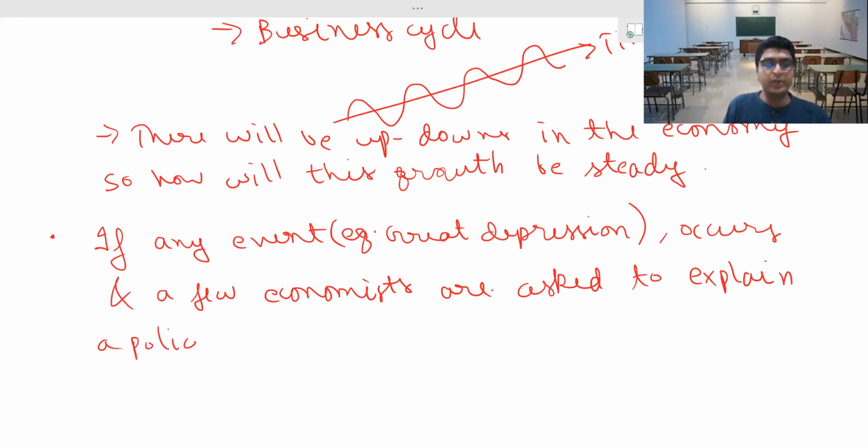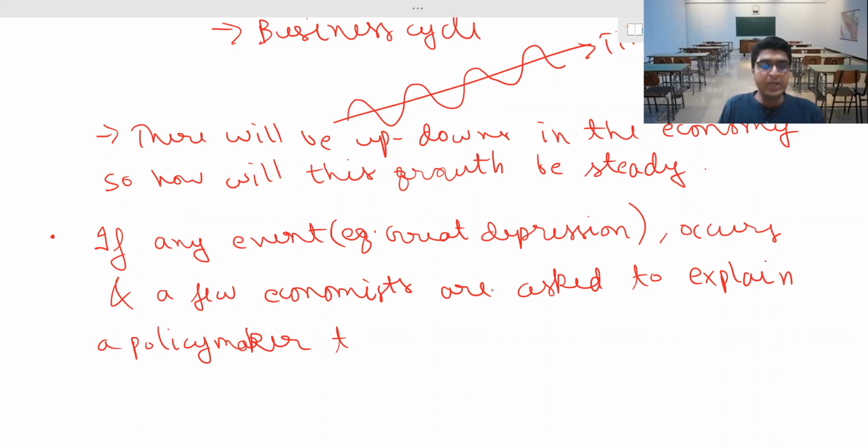So a policymaker is most of the time different from the economists. Economists mostly suggest to the ministers. Okay, the ministers have the power to make decisions, so basically they become the policymakers and economists advise them. And at times, obviously, if an economist becomes a minister, then he's a policymaker at the same time.